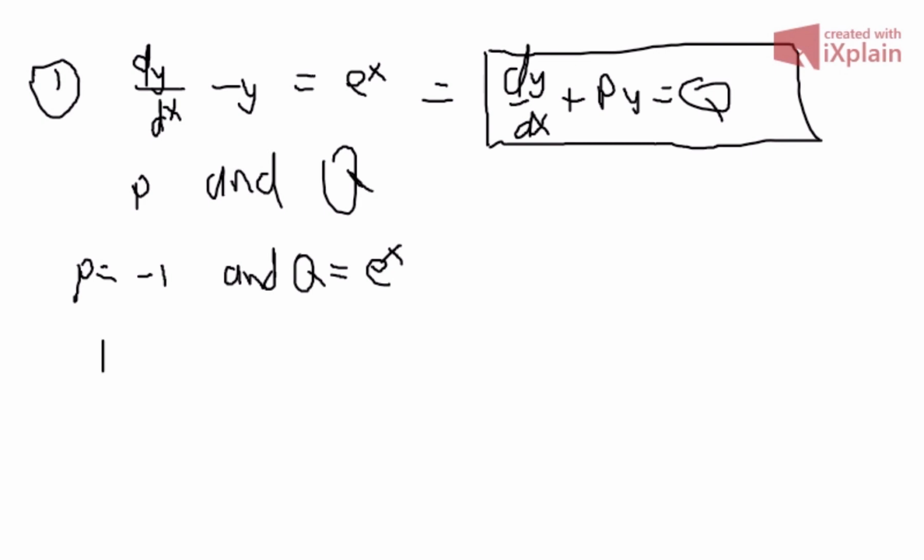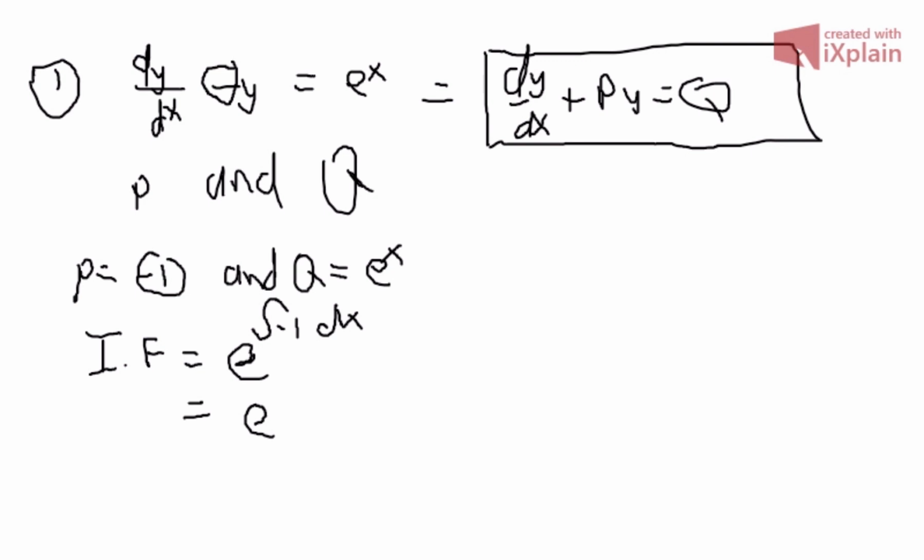First things first, we need to find the integrating factor. The integrating factor is e to the power the integration of whatever was next to y. So it's -1. Then it will be e to the power integral of -1 with respect to x, which will be -x, right? So this is our integrating factor, right?